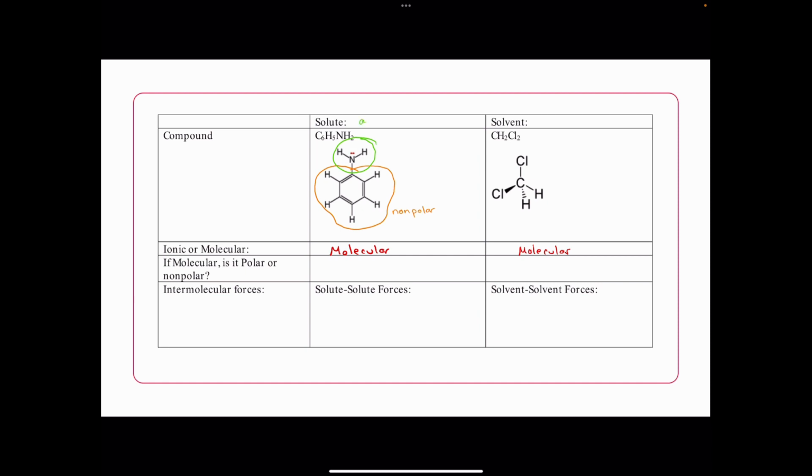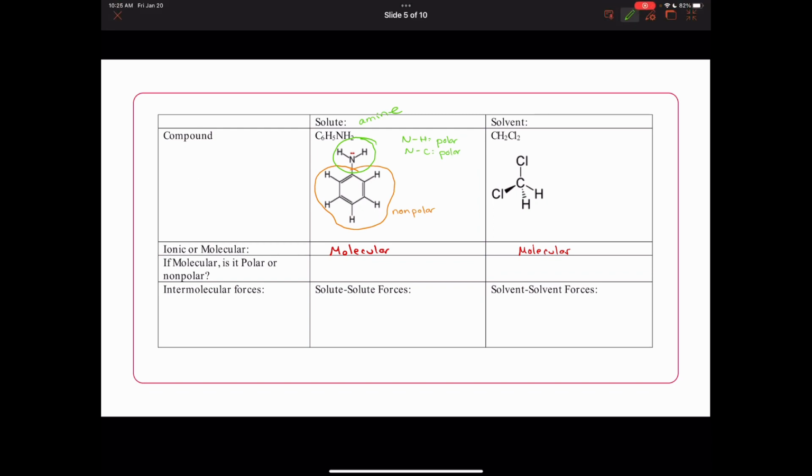So that amine here has nitrogen-hydrogen bonds, which are polar, and it's got a bond between nitrogen and carbon, which is polar. So that region is going to have these polar bonds, all of which are pointing towards that nitrogen with the lone pair. So we have a polar region. This particular molecule actually has one of those mixed or intermediate polarities.